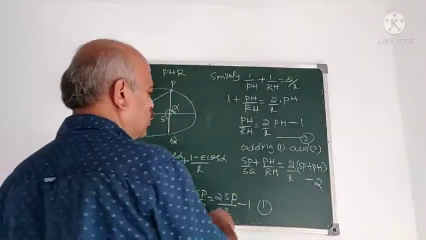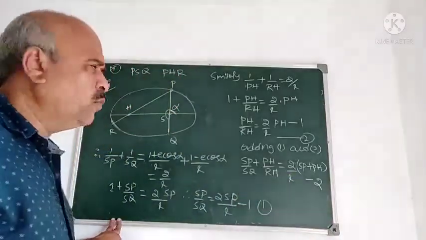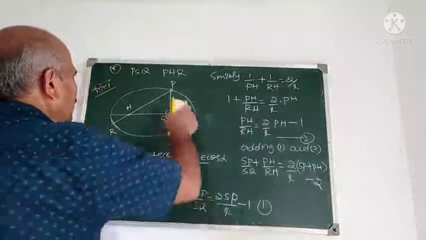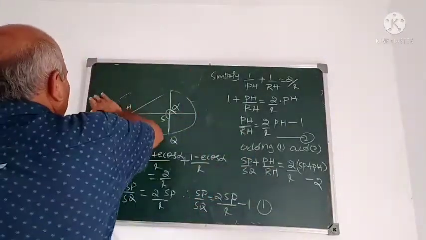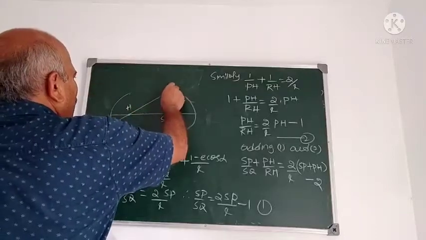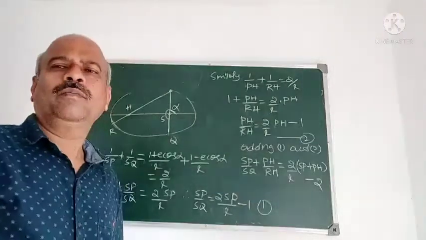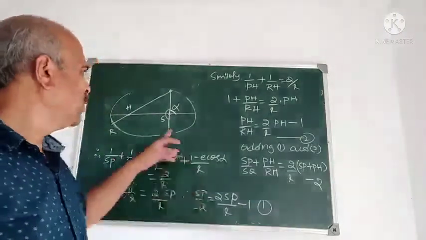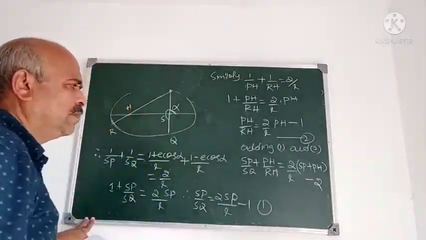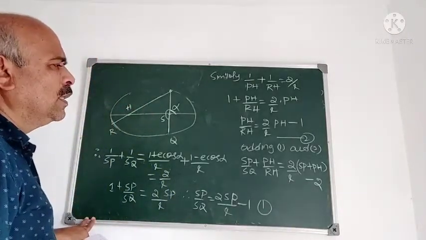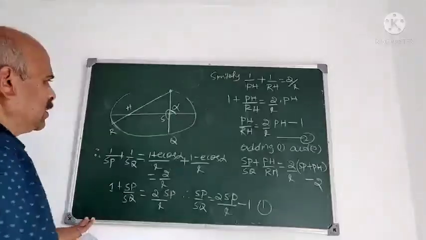We have added like this, 2 by L common, SP plus PH minus 2. Now we use one important property of the ellipse, which you remember from studying ellipses in PUC classes, conic sections. In an ellipse, the sum of the focal distances of any point on the ellipse is equal to its major axis.